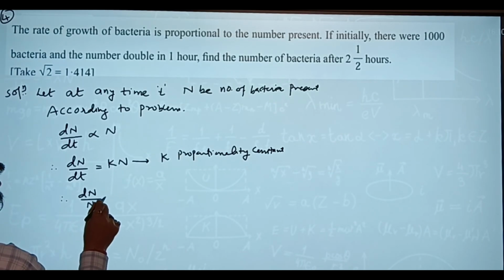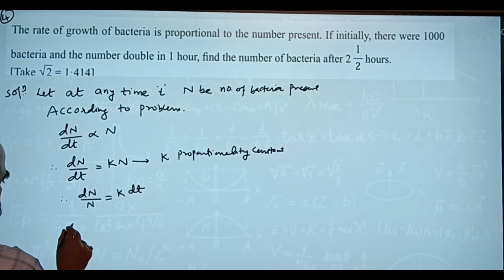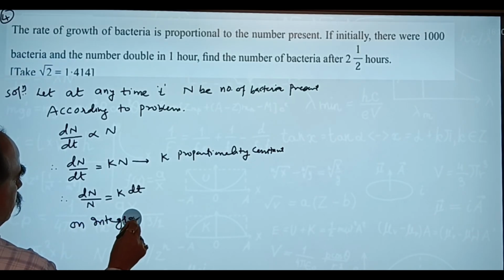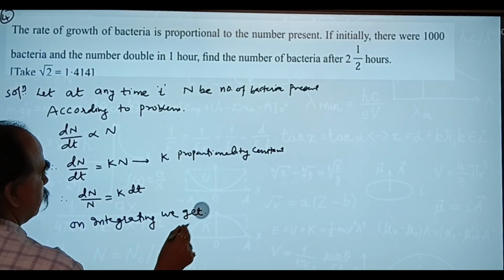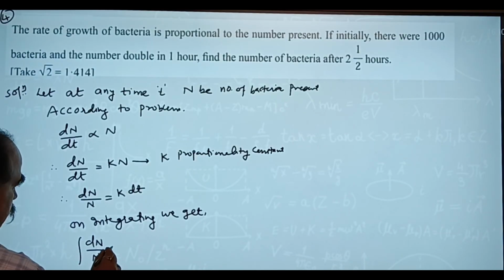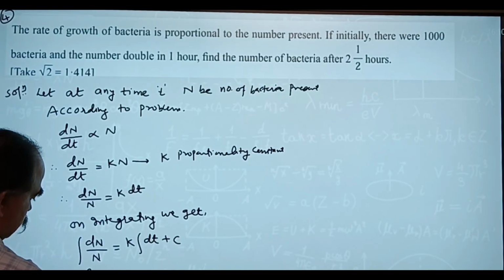Dn upon n is equal to k dt. On integrating we get log n is what? Kt plus c.